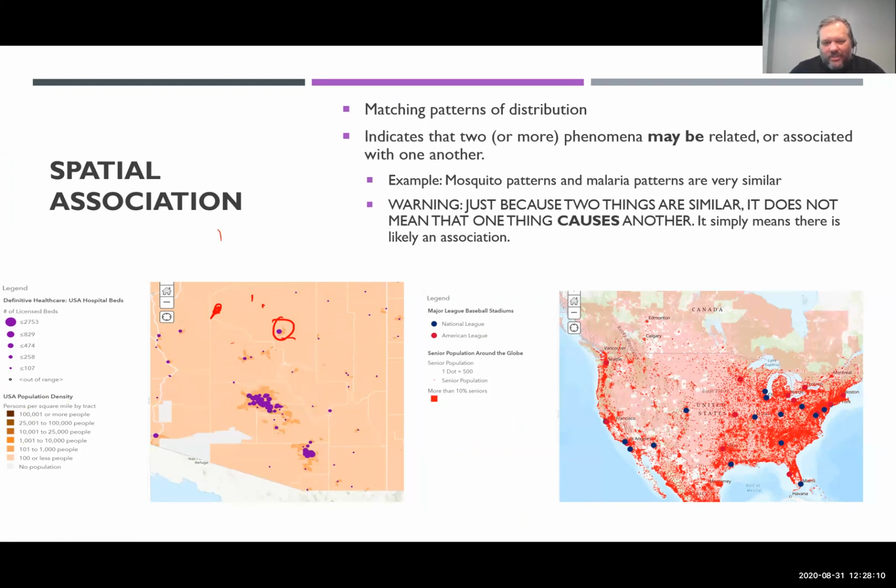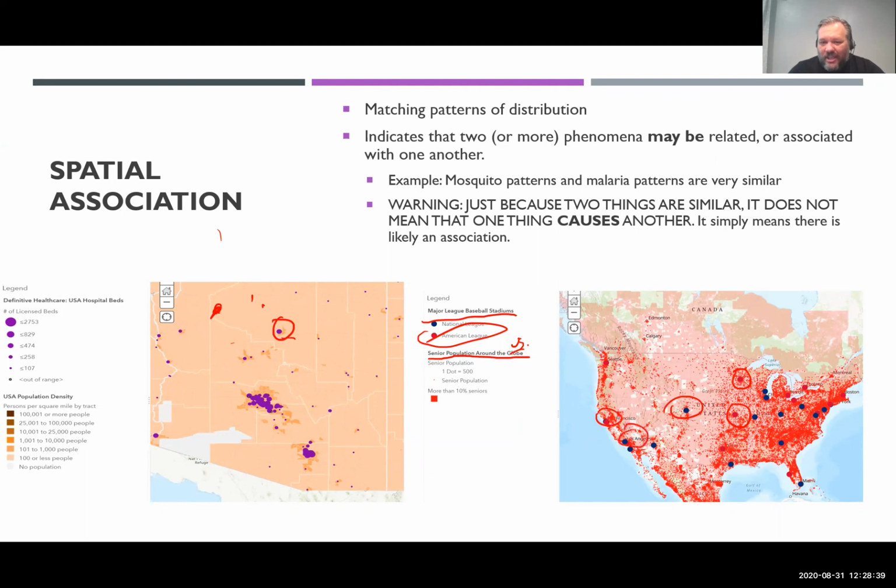If we go over here, this is baseball stadiums. Major League Baseball stadiums compared to the senior population. Here's the population. Is there an association between, in the red, the American League up here, where these stadiums are located and the senior population?